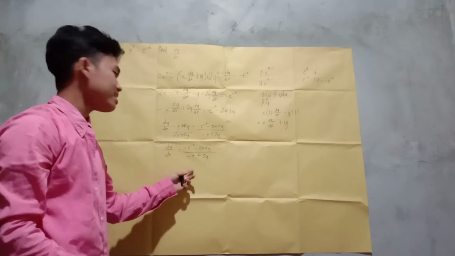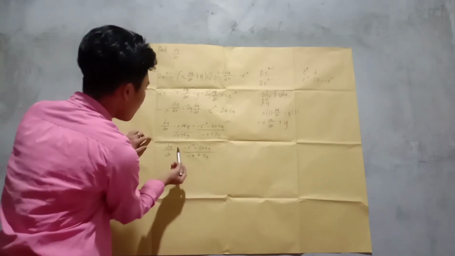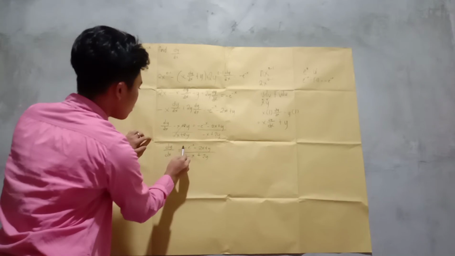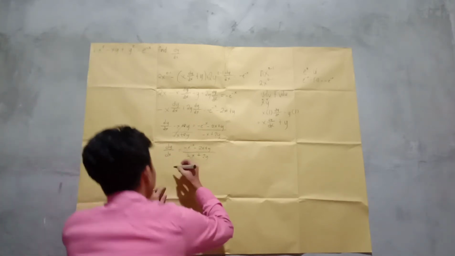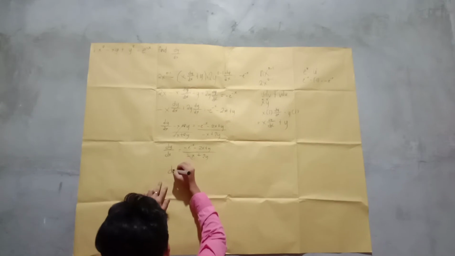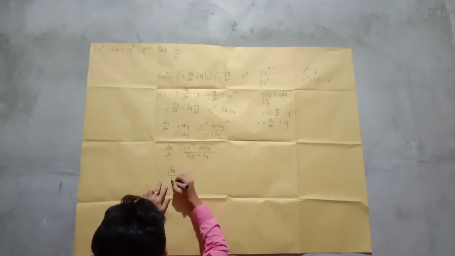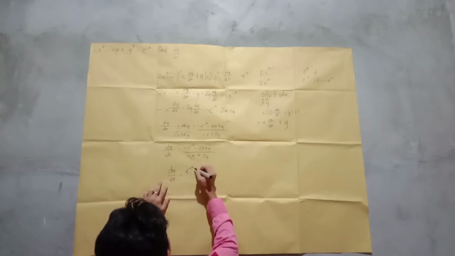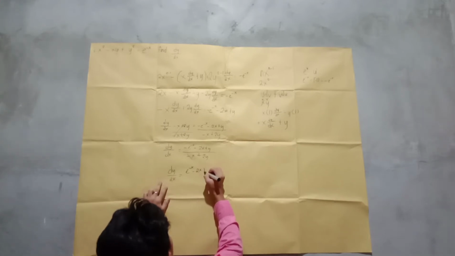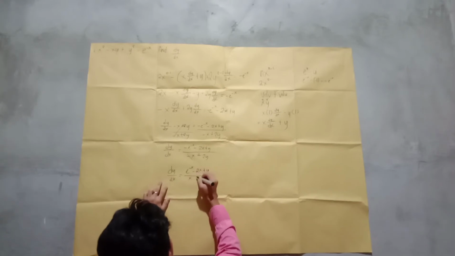To simplify this, we need to cancel the common sign, the negative sign. So the answer is dy over dx is equal to e raised to negative x minus 2x plus y over x plus 2y.